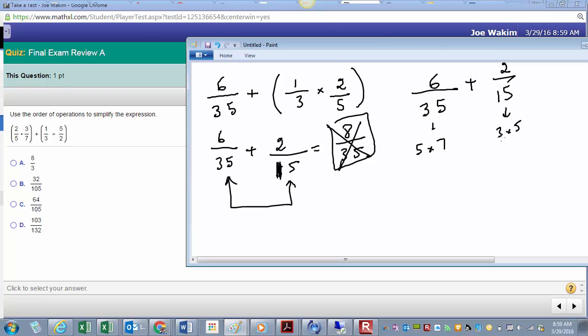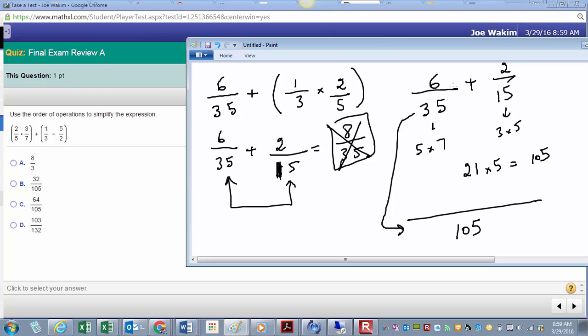So 21 times 5 would be the lowest common denominator, and that would be 5 times 2, 10. That's 105. Okay, good. So now we have a lowest common denominator, 105. And to go from 35 to 105, we have to multiply by, let's see, 5 times 7, 3. Let's try 3. 3 times 5, 15. 3 times 3, 9, and 1, 10. So that's a 105.